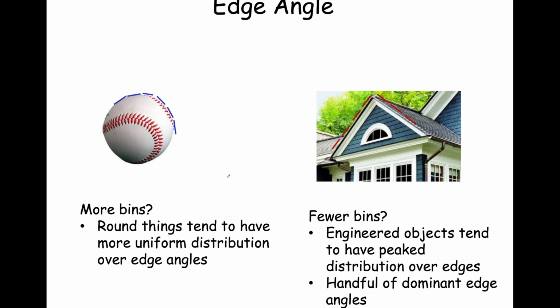Now, a baseball is round, and round things tend to have a more uniform distribution over the edge angles. So in the case of a baseball, that uniformity is more obvious if you have a larger number of bins, because you're going to get basically the same amount of counts across a larger number of bins.